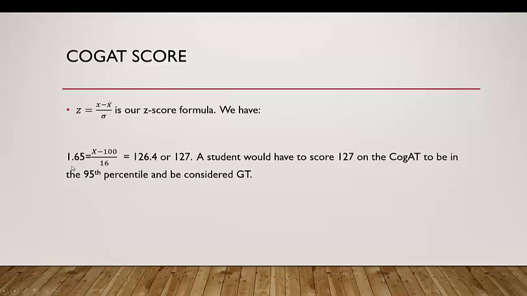Our formula says 1.65 equals our score minus 100, divided by 16. When we work that around, we multiply each side by 16. Then we add 100.